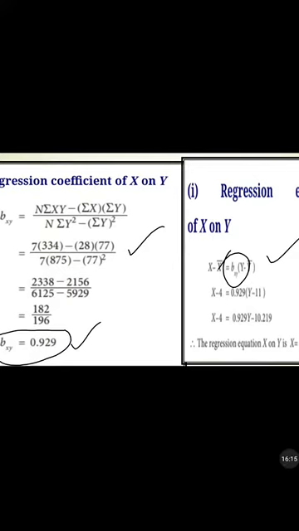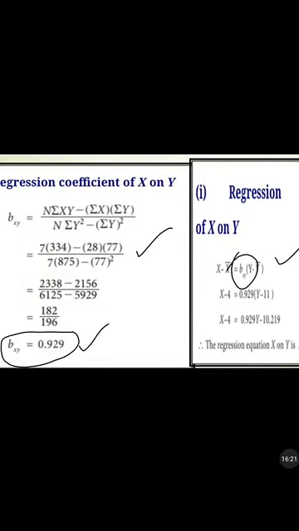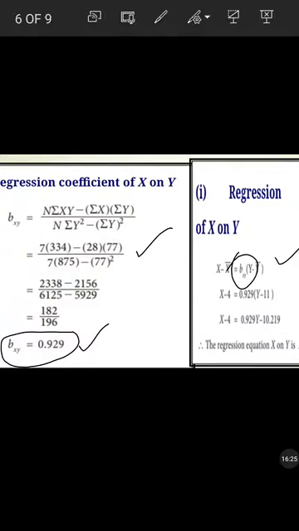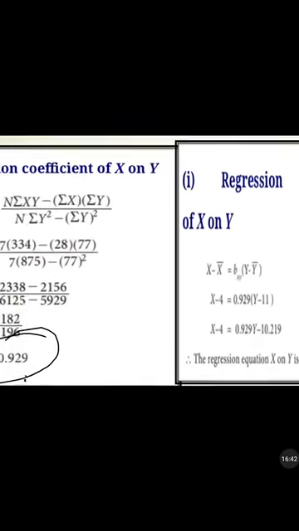So here first we have to calculate the regression equation of x on y. Before that, we have to calculate the regression coefficient of x on y, which is bxy. The value of this bxy is 0.929. After calculating this, we'll be able to calculate the regression equation.